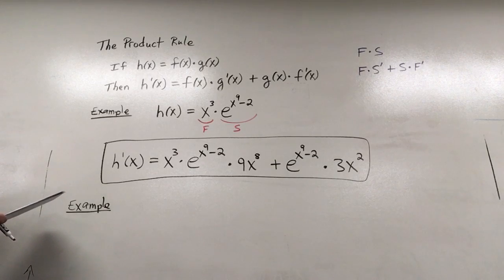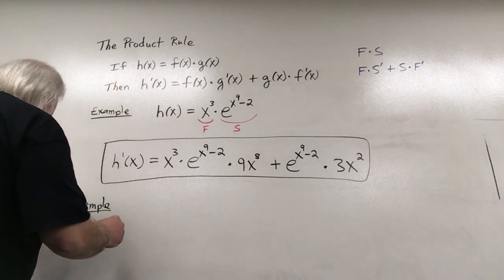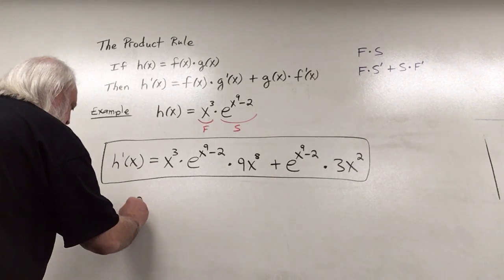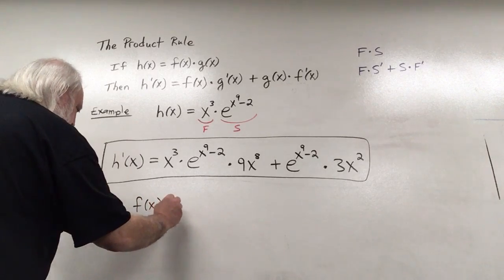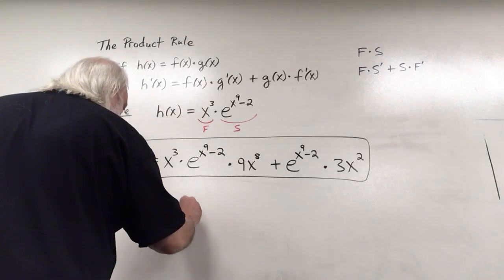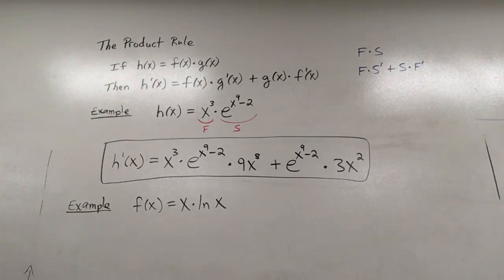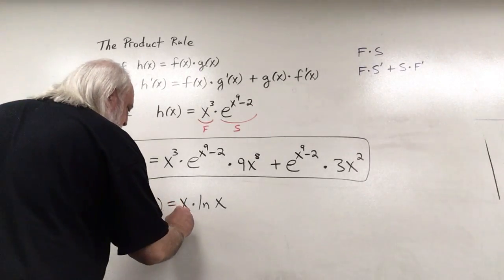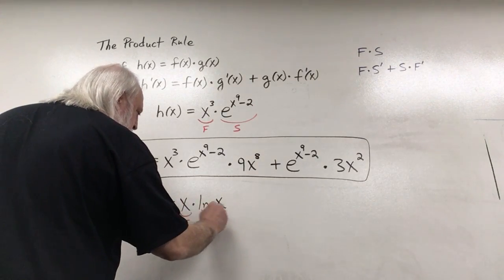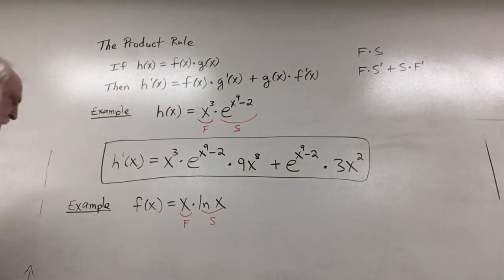In the next example, we have f of x is equal to x times the natural log of x. So that's a product of two functions. The first function is x. The second function is the natural log of x.